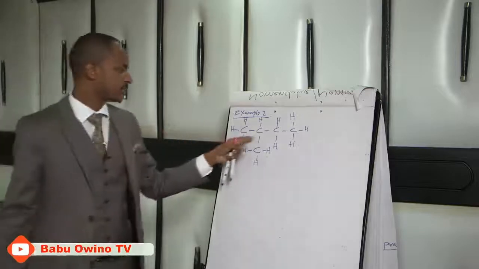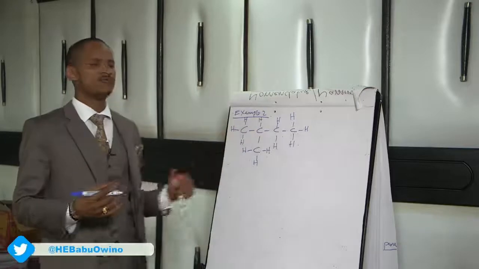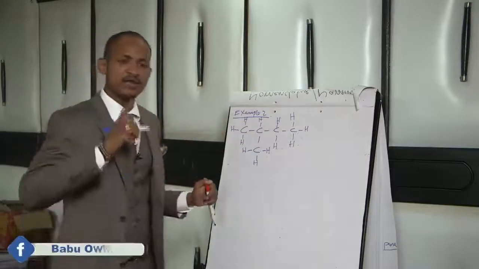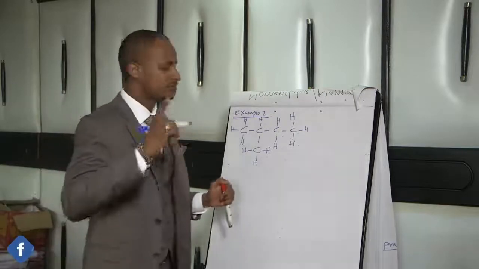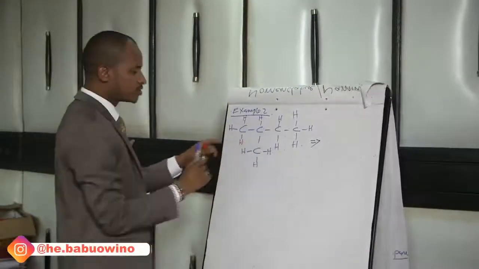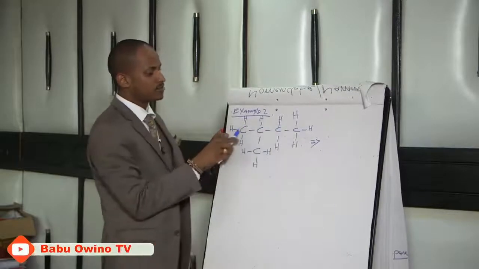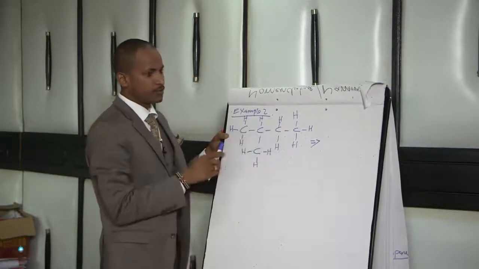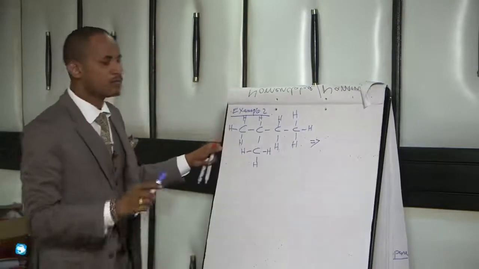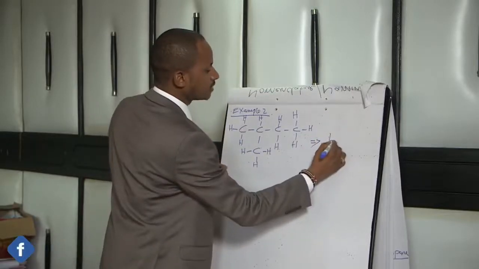Our intention is to identify the branches, but I will not tell you where the branch is unless we follow the rule. From our rule, step number 1, identify the longest continuous carbon chain. If we count from here, we have 1, 2, 3, 4. We can also have 1, 2, 3, 4. So our longest continuous carbon chain has 4 carbon atoms, and if it has 4 carbon atoms, it's a butane.